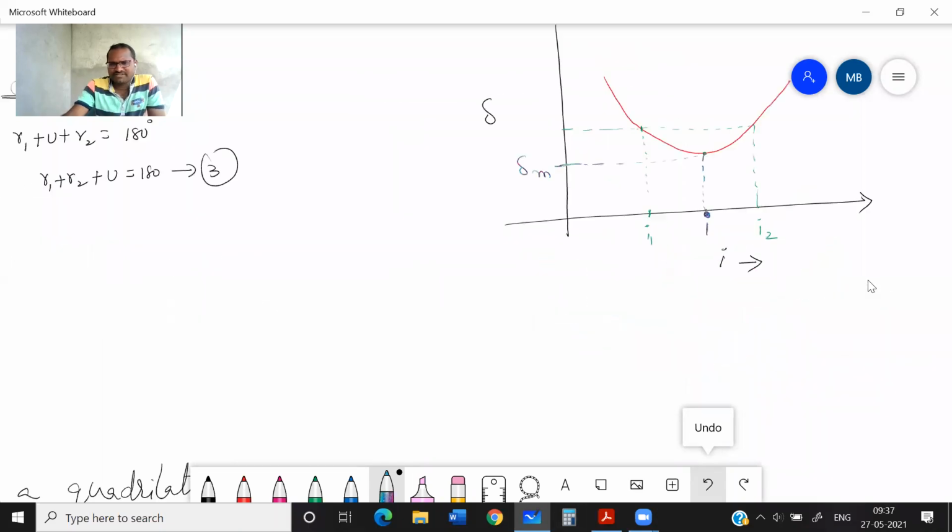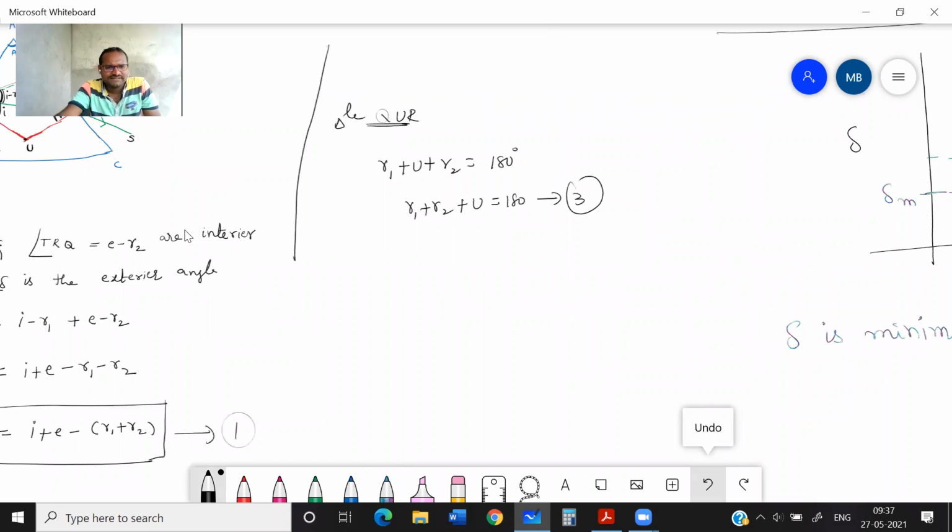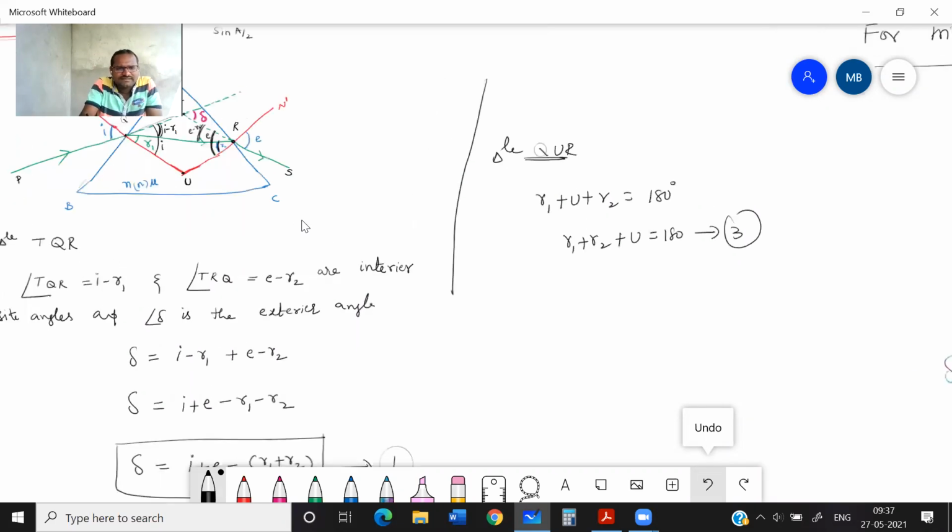At that angle of incidence, deviation is minimum when I is equal to E. Means when deviation is minimum, the ray which I have shown you here will become symmetrical about the base. Means it will become parallel, so that I will be equal to E.